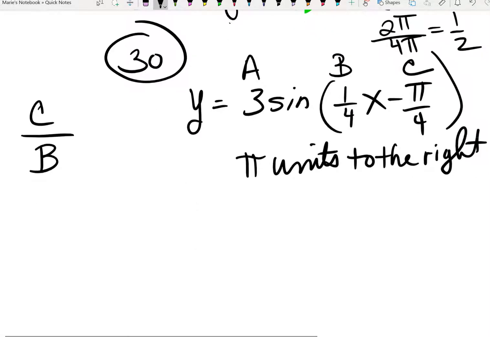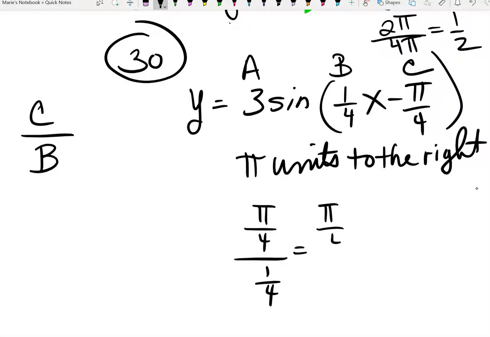Because if I do C over B, I get pi over 4 over 1 over 4, which gives you pi over 4 times 4 over 1, hence pi. And also consider the fact that that's a negative, which is indicating you're going to the right.